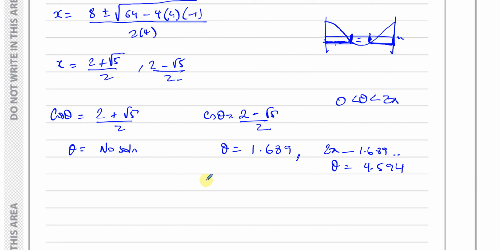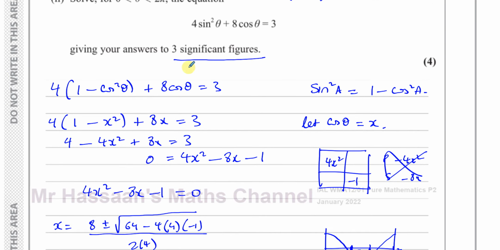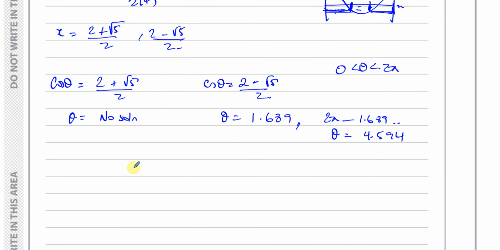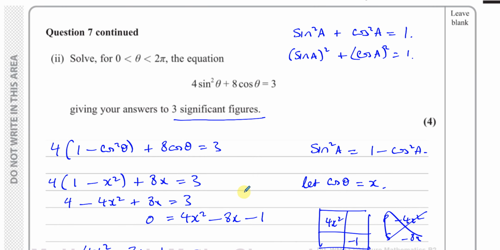All right, so now we want to give our answers to three significant figures. So I just have to finally round them to 3SF. That's going to be 1.69 radians and 4.59 radians. And those are the answers to that question, which concludes question number 7.